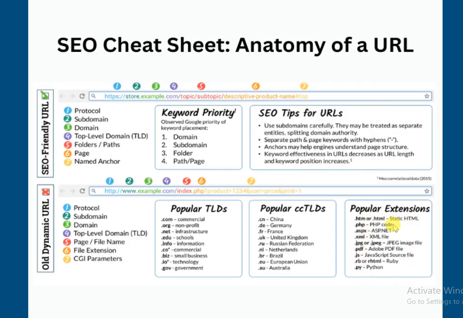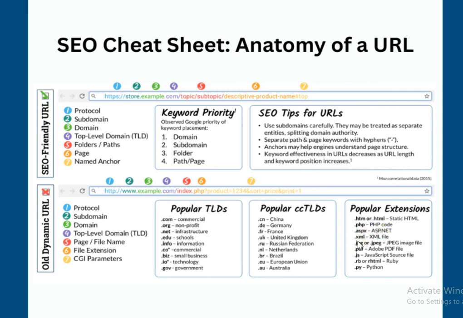Here are some popular extensions. Extensions in the sense of your web page. Some of the web pages are built in Java, some in HTML, some in .NET or Python. Some of the popular extensions are .html for static, and .php, most WordPress sites are built in PHP. If the web page is .aspx, then it is built with .NET.